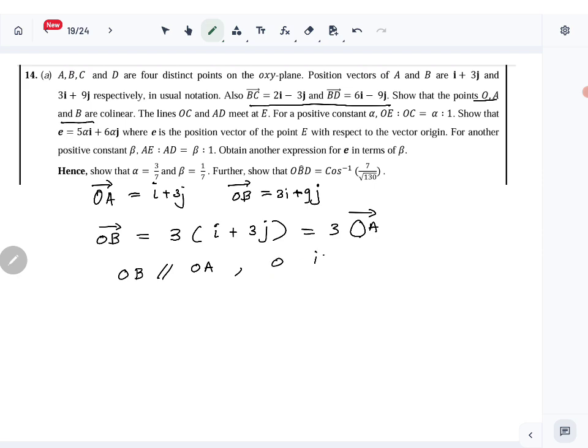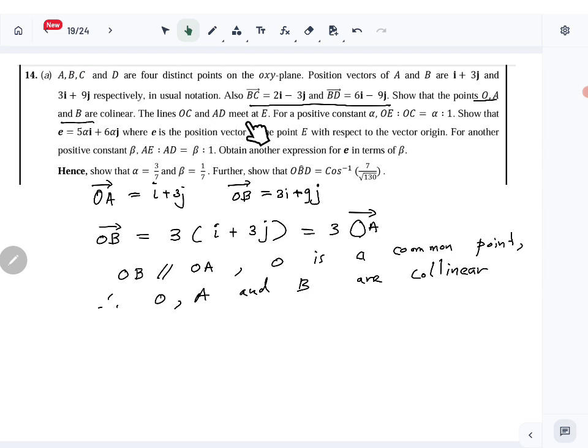And O is a common point. Therefore, what is the conclusion? O, A and B are collinear, because OB and OA are parallel and O is a common point. So they have to be collinear. So that part is done.